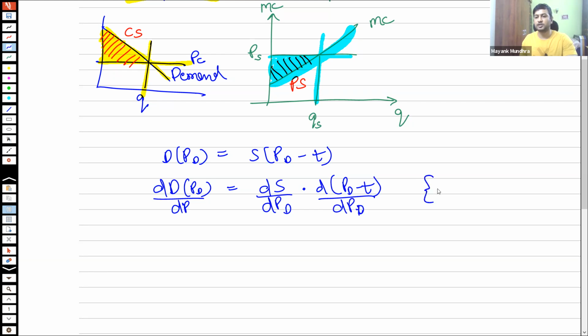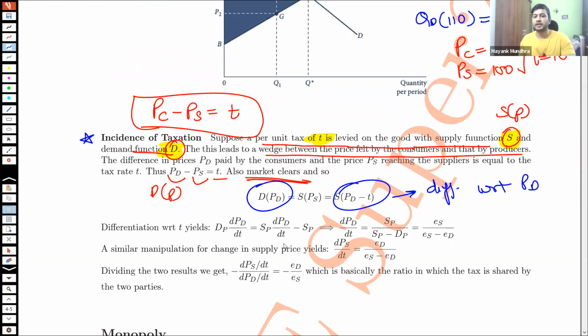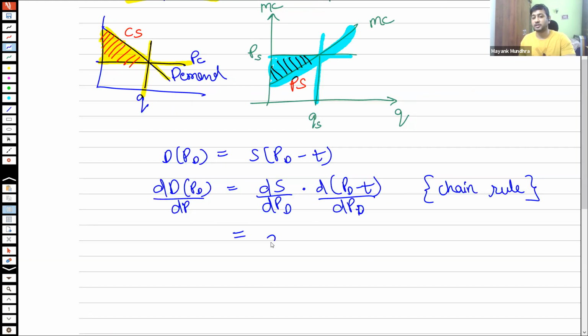This is my chain rule of differentiation. Now dS by dPD is just the differentiation of the supply function with respect to price, so I can write it as S'(P). Differentiation of PD minus T by dPD is going to be 1 minus dT by dPD.